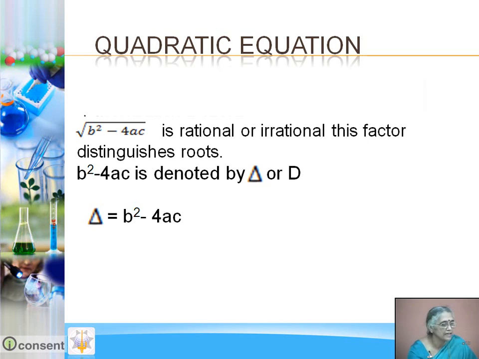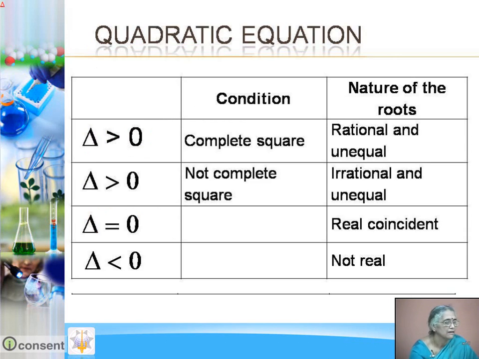This b² - 4ac is denoted by delta or capital D. So we write delta as b² - 4ac, or we can write D = b² - 4ac. Now how to decide the nature of roots? If delta is greater than 0, the roots of the equation are rational or irrational, and they are unequal.